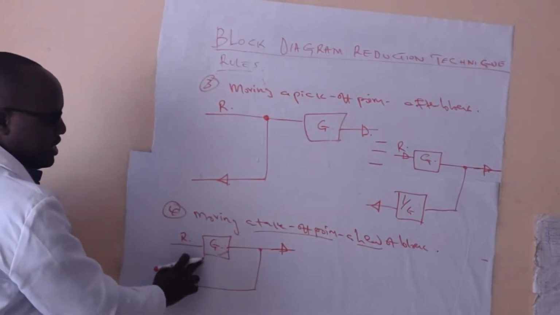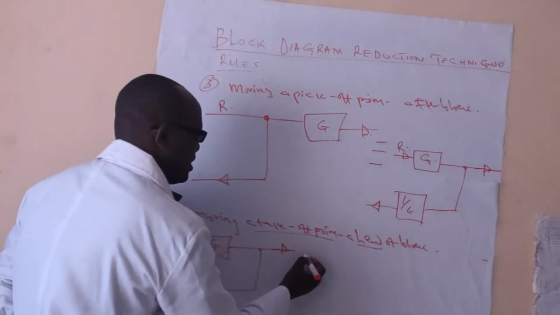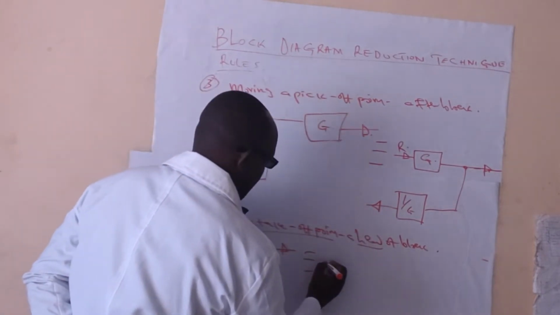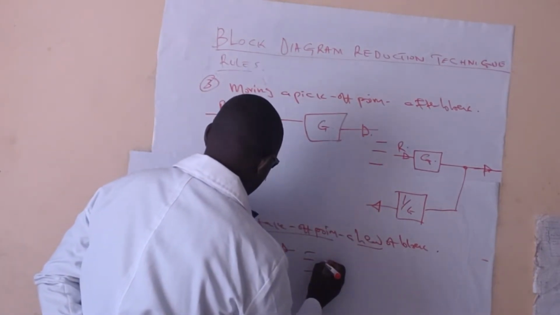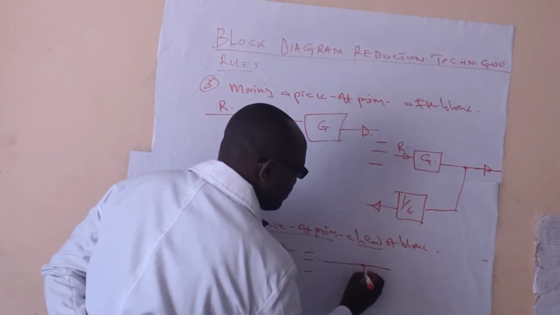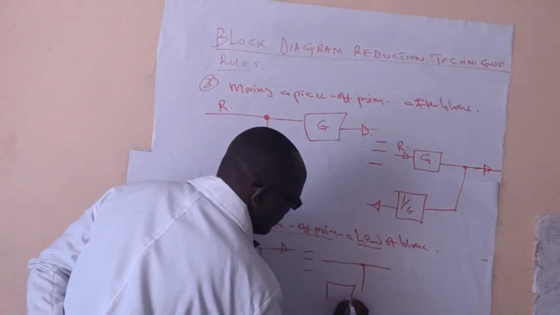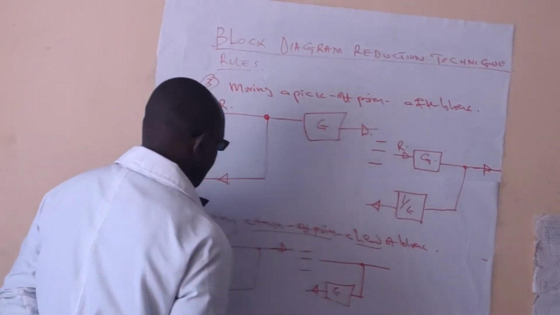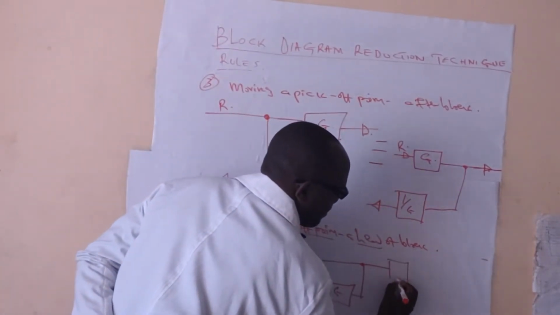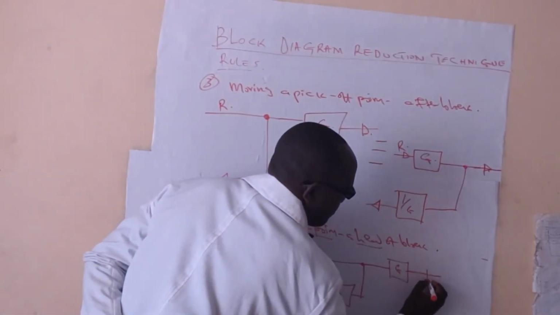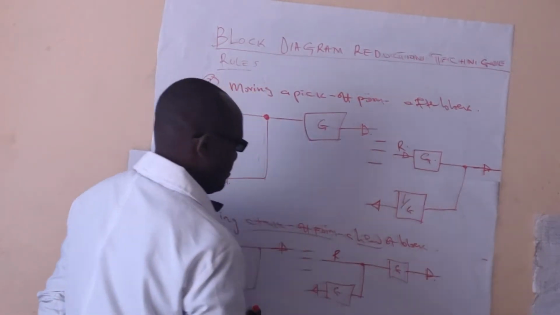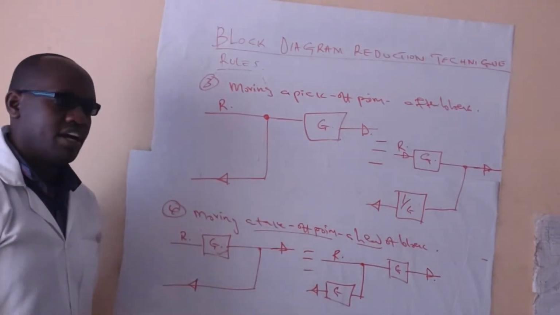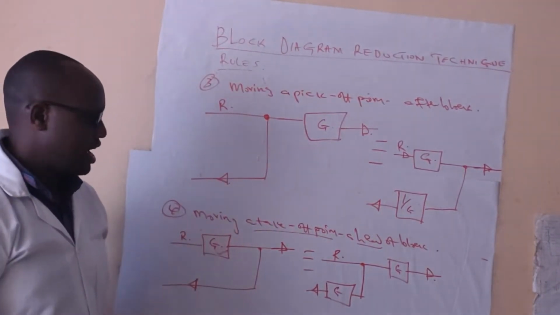We want to move this ahead of that. The equivalent of this is going to be equal to G, and then so the equivalent of this is this: moving a takeoff point ahead of the block.